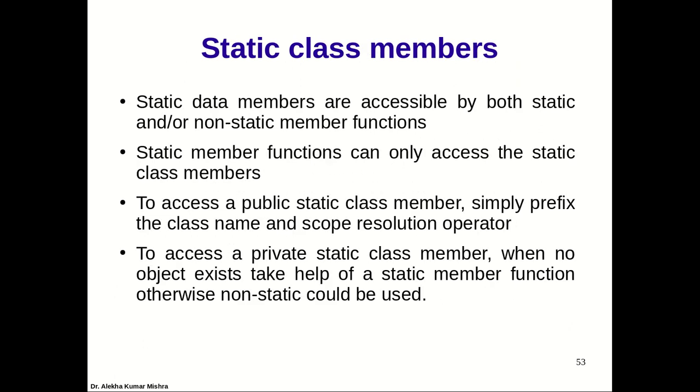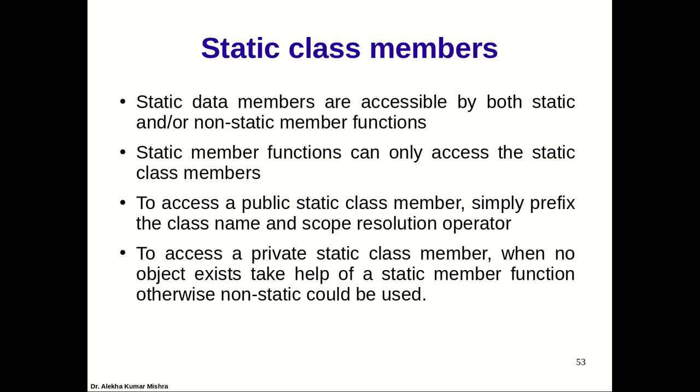Some more information on static class members: static data members are accessible by both static and non-static member functions, but a static member function can access only static class members. A non-static member function has the flexibility to refer to non-static members as well as static data members. But static member functions have a restriction: they can only access static data members, no other members.